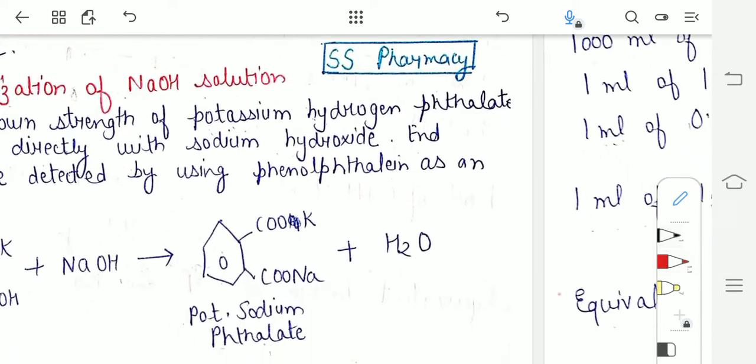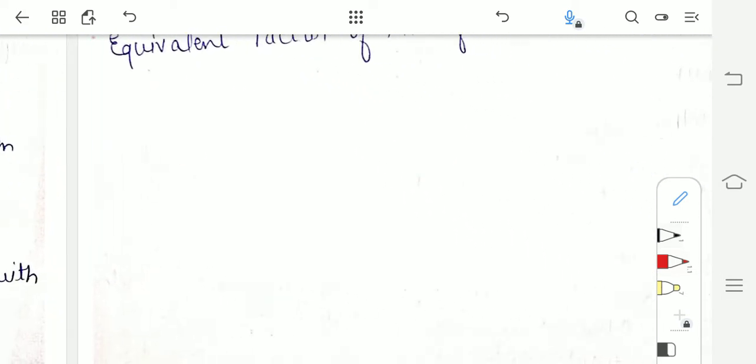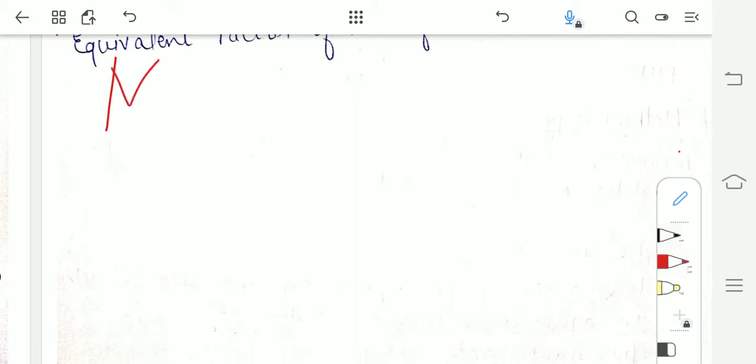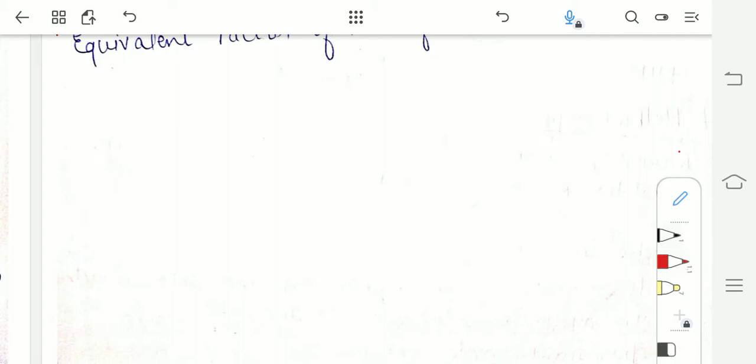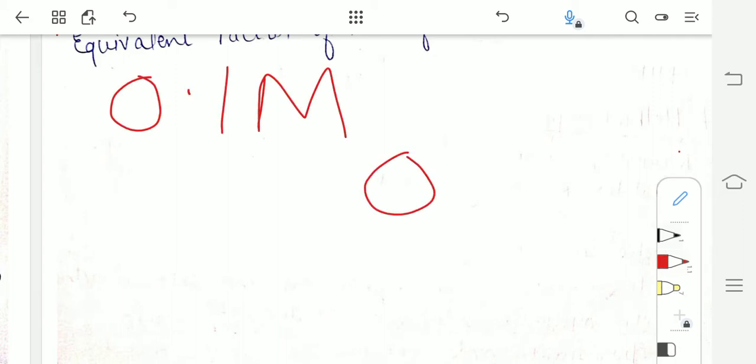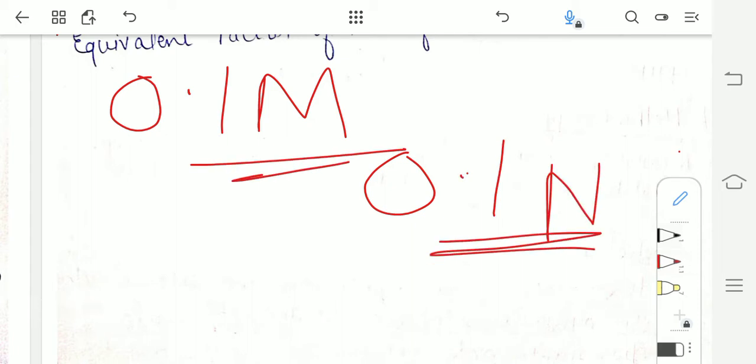Okay, so earlier I said that the molar as well as the normal solution of sodium hydroxide are having the same strength, right? So this also we will see right now, how they are equal. Firstly we will prepare 0.1 molar solution of NaOH, then 0.1 normal solution of NaOH, and we will see that they are the same only.